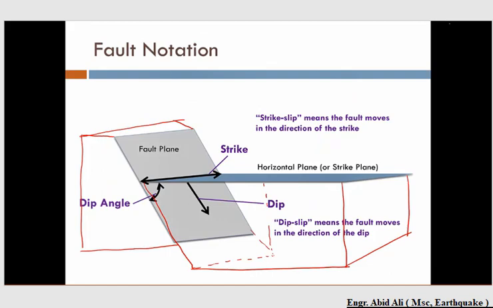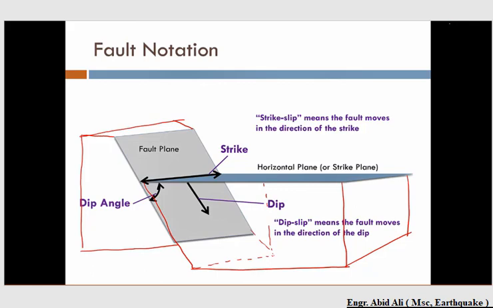Now if I get up and down sliding on my fault plane, meaning the block is sliding in the direction of the dip, then I have what's called a dip-slip fault. This happens when I have compression between the rocks, and this block slides up relative to the block on the left, or if I have extension, the block on the right slides down the dip face relative to the block on the left.